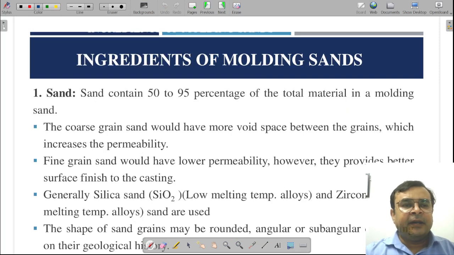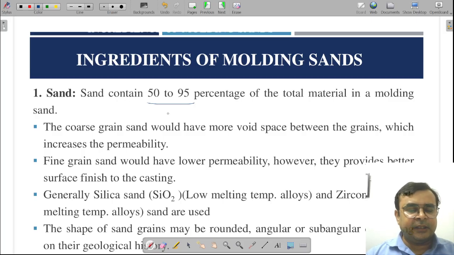Next, ingredients of molding sand. So many things are mixed in the molding sand. Generally 50 to 95% we use as silica sand. And this sand may be coarse in nature or fine in nature.